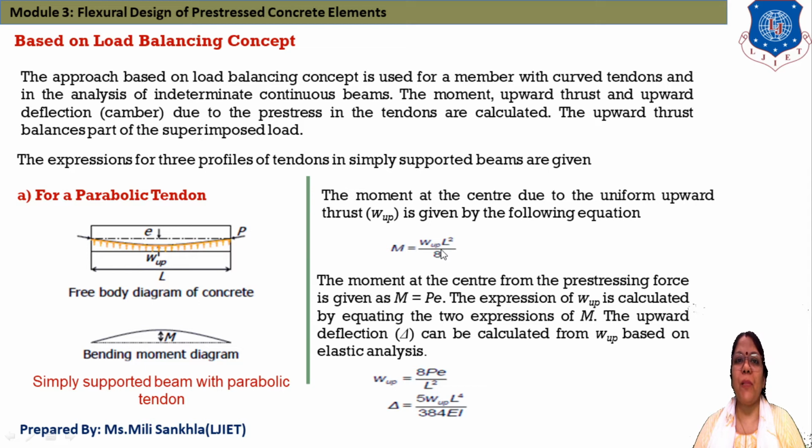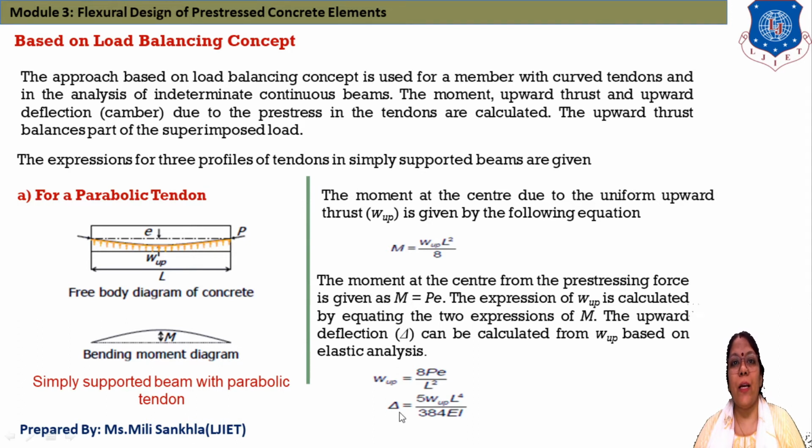Now if I make W_UP the subject, that means uniform upward thrust, then W_UP is equal to 8M by L square. Moment is equal to load into eccentricity, that we already know; in bending stress M is equal to Pe, so put M equal to Pe. When I make W_UP the subject, then W_UP is equal to 8Pe by L square.